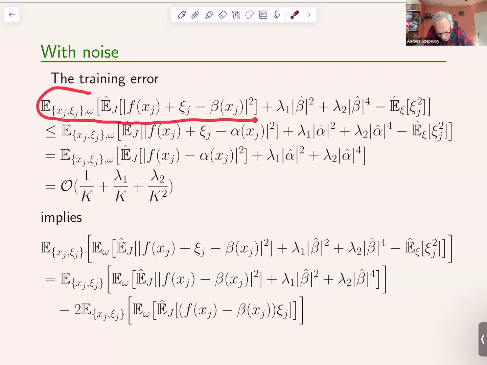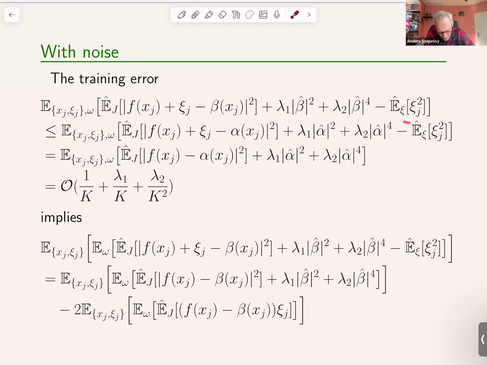But when we studied the training error a couple of slides ago, we estimated that by plugging in the test neural network alpha. We will do that again. And to simplify the calculations now, I just subtract a constant, namely the variance of the noise. So this is a constant we are subtracting here and here. It doesn't affect the minimization.